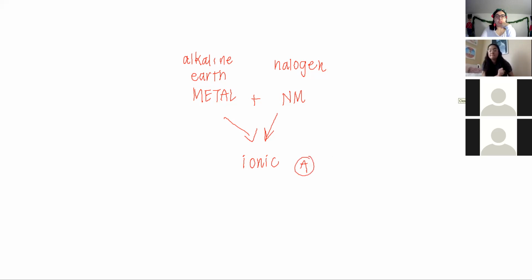Another way you can choose the right answer if you are extremely lost and you don't know what's going on is, okay, first of all, how many types of compounds do we know about in chemistry so far? Anybody?